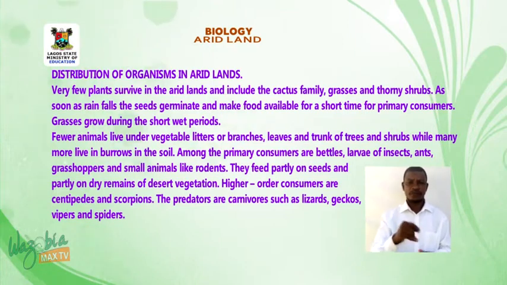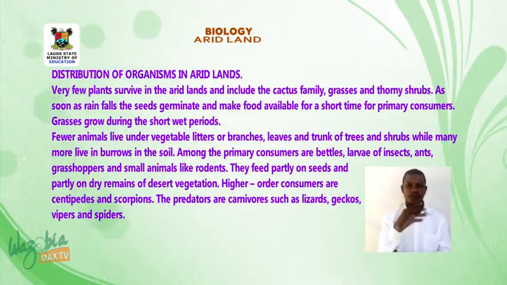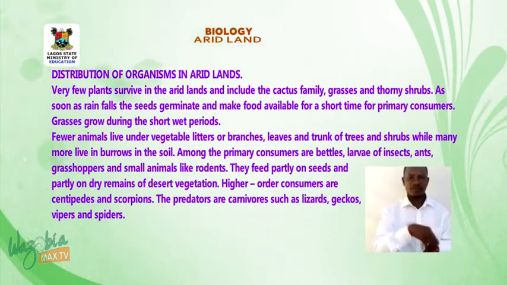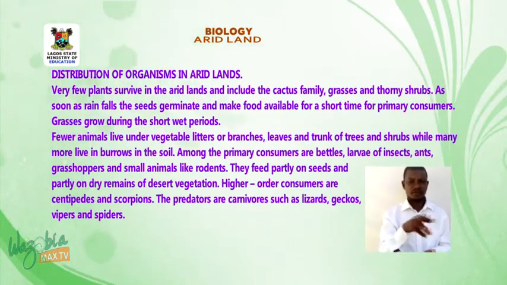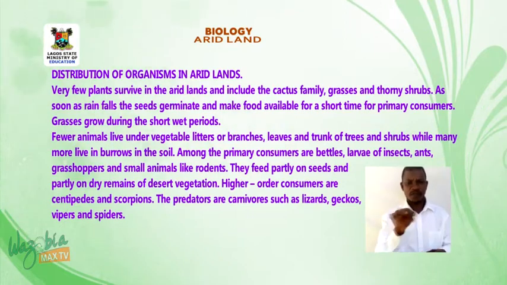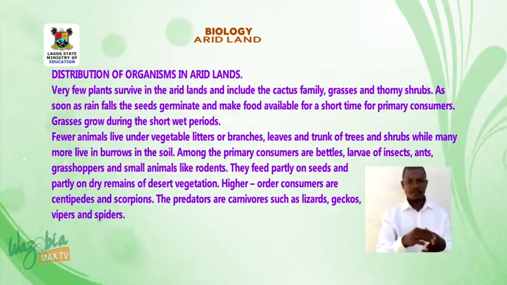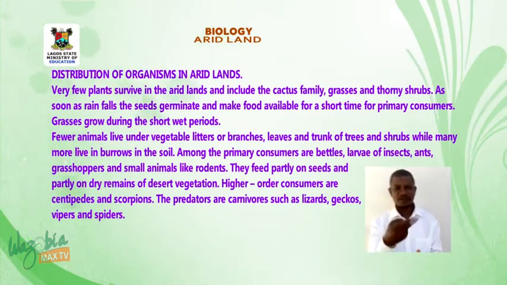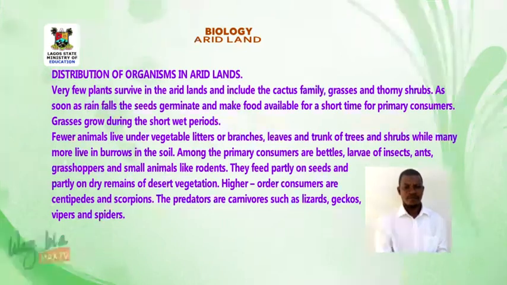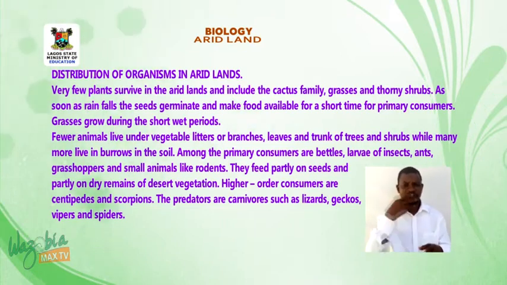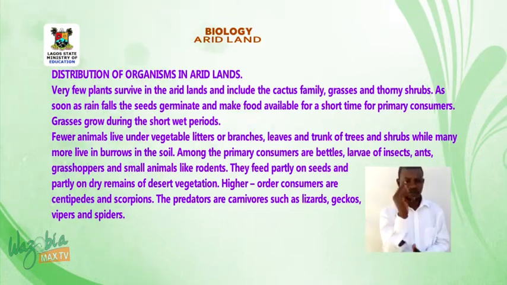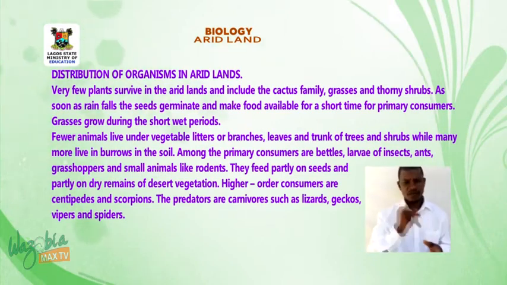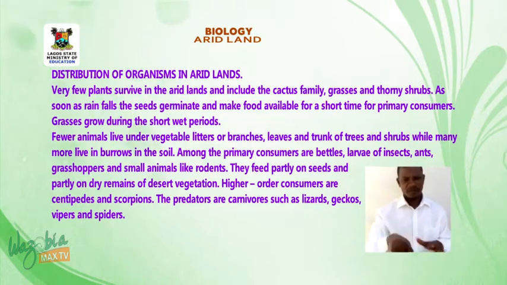Very few plants survive in the arid lands, and these include the cactus family, grasses, and thorny shrubs. As soon as rain falls, the seeds germinate and make food available for a short time for primary consumers.